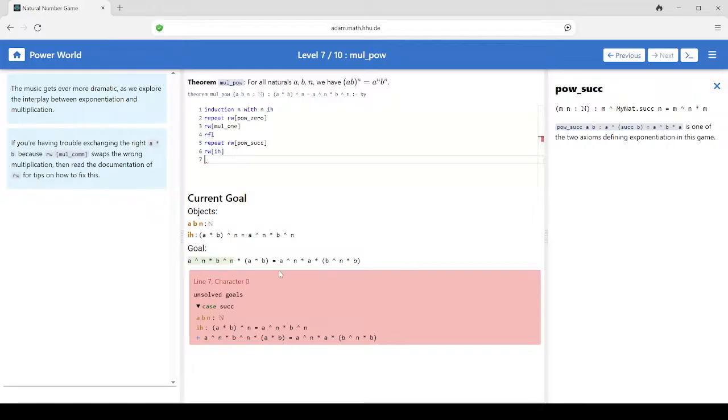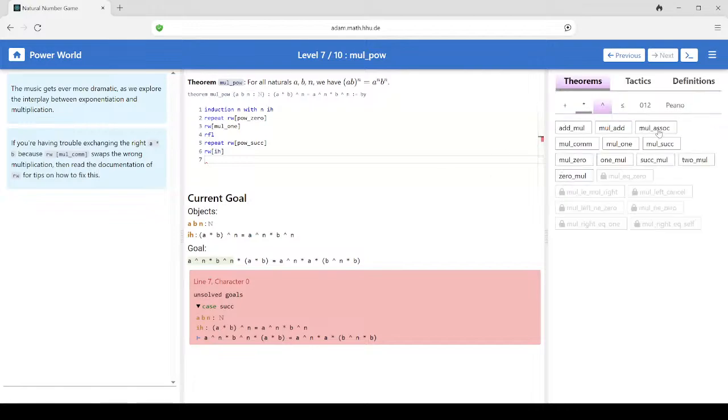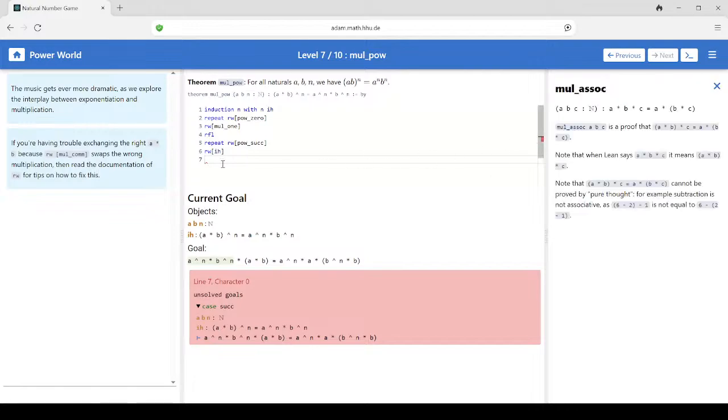Okay, a to the power of n times b. That b is over here. We want to use the associative property of multiplication.